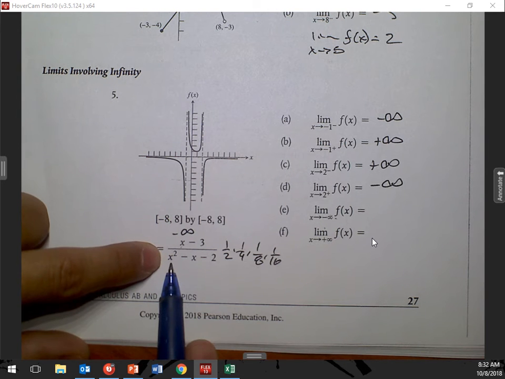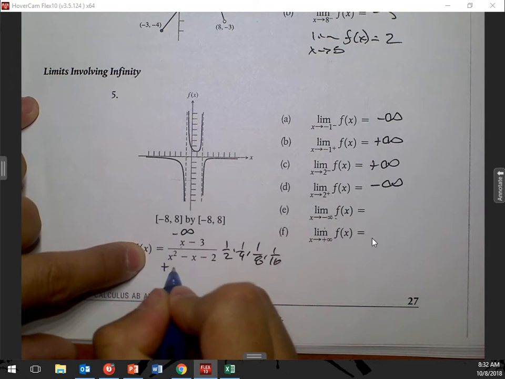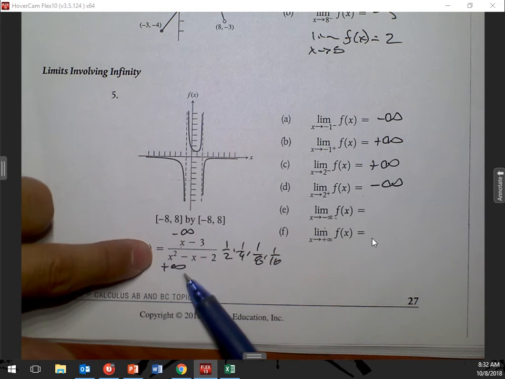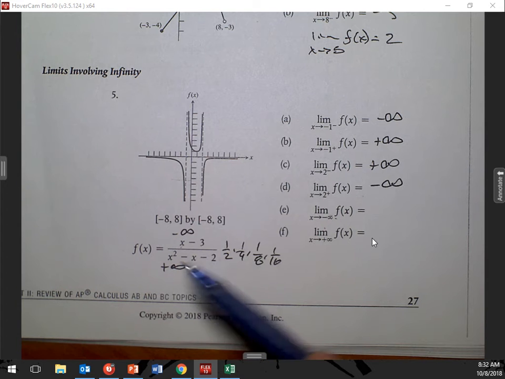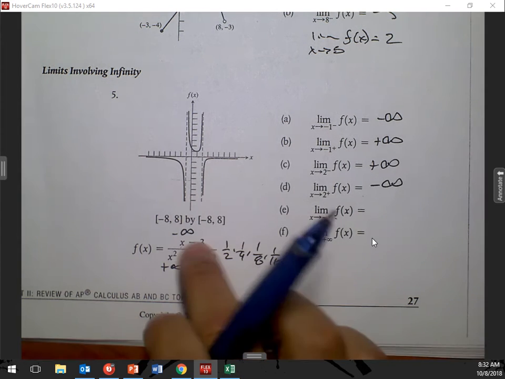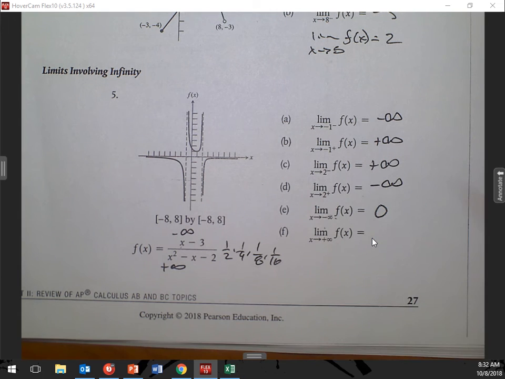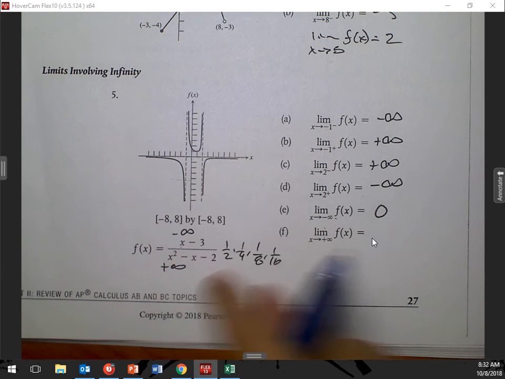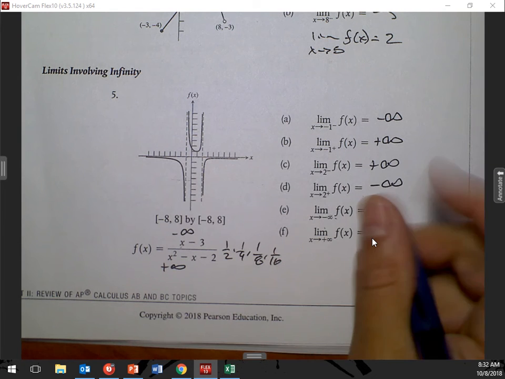And if I plug in negative infinity in the bottom, positive infinity, right? This helps me figure out where it's going to end up. So that's going to just go to 0. From the left-hand side, it's going to be 0. From the right-hand side, it's going to also become 0.